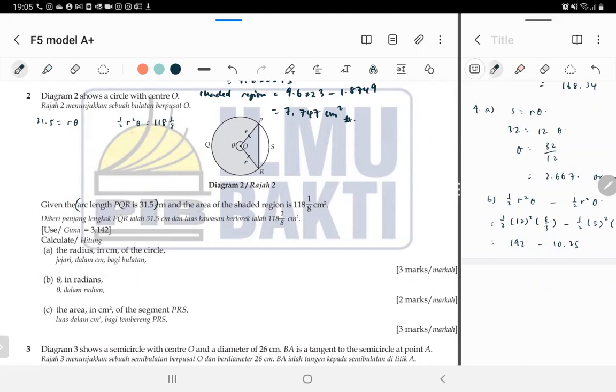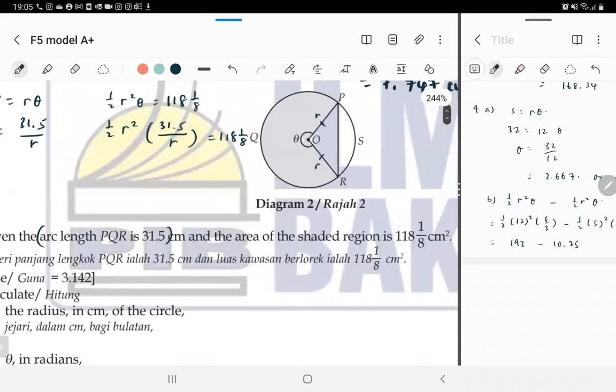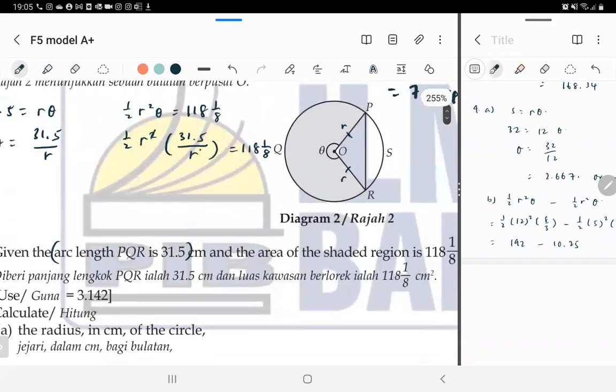Okay, so you have these two formulas. If you want to find either one of them, then you need to substitute. From here, I can make theta equal to 31.5/r, right? So substitute the theta into the second equation. So 1/2 r squared times 31.5/r equals 118 1/8. Okay, so from here, simplify it.